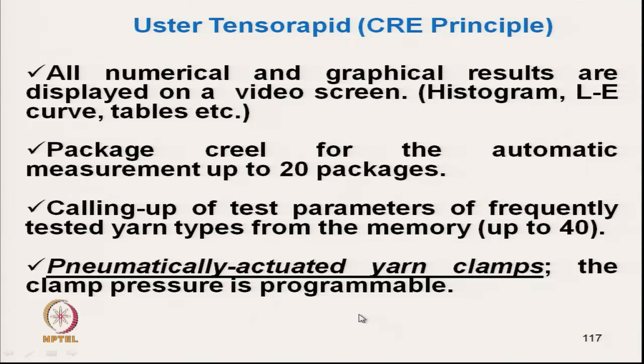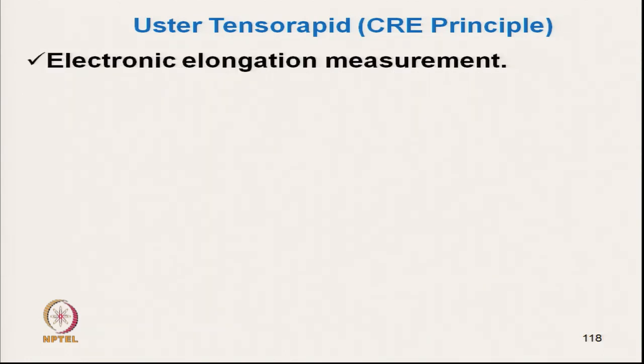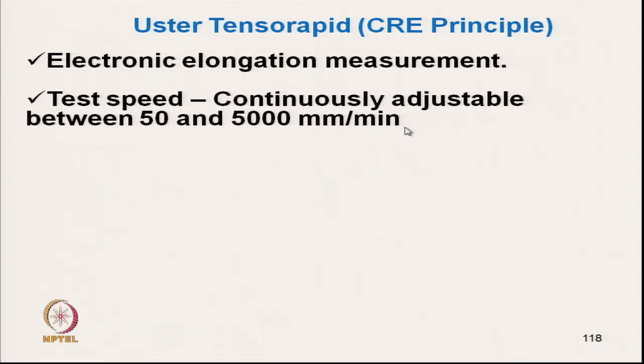Depending on the type of yarn we can program this clamping pressure, and elongation we can measure electronically. The test speed can be adjusted continuously, automatically, from 50 millimeter per minute to 5000 millimeter per minute.